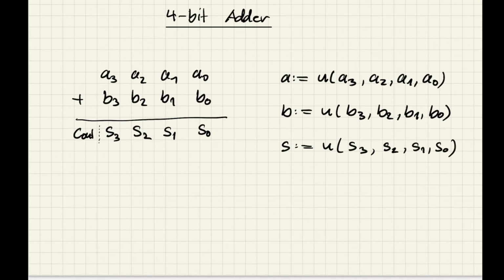And then I can say what we are actually computing is in general not A plus B, but we are computing S, which equals A plus B mod 2 exponent 4.